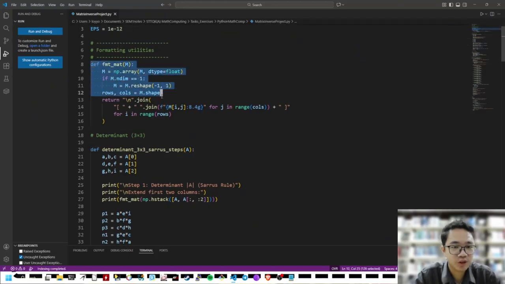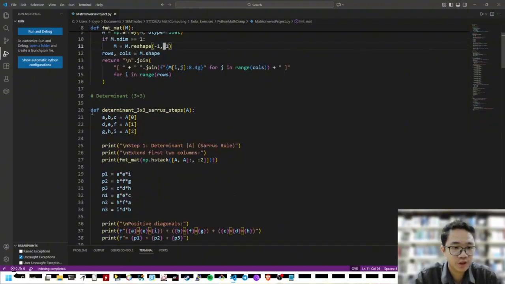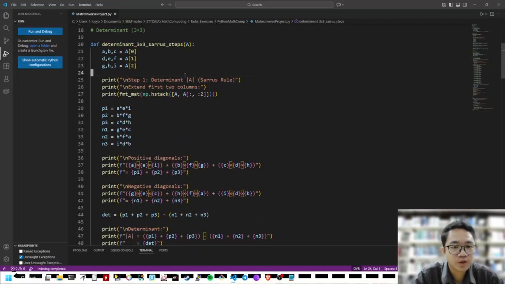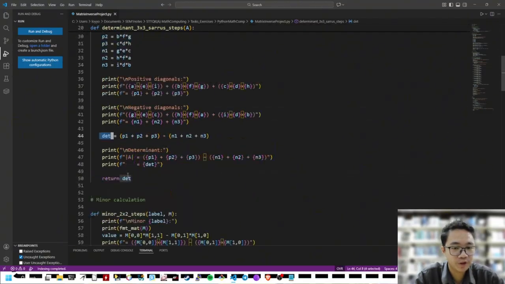This function is to make the array, and this one is to calculate the determinant of the matrix. As you can see, we declare the ABC values as the first row A0, second row A1, and third row A2. After that, you need to calculate the determinant by multiplying all these cross adjustments, and at the end you need to subtract to get the determinant.